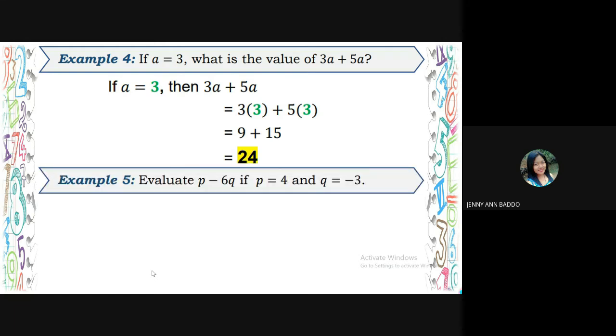Another example. Evaluate p minus 6q if p equals 4 and q equals negative 3. So from p minus 6q, take note, we have two variables and we have a value for each variable. So we have p, that's 4, minus 6 times the value of q, which is negative 3.